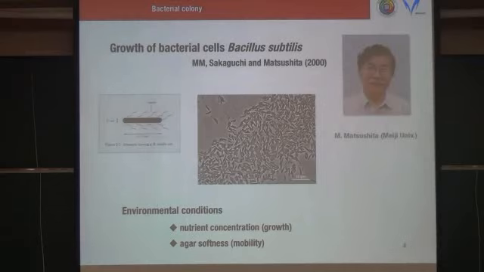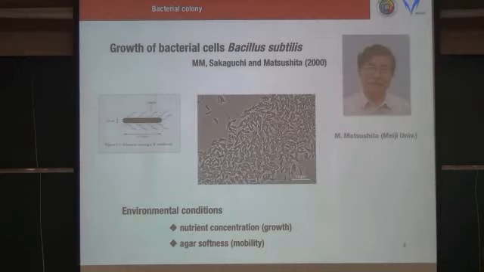You can see they look like they are swimming, okay. But if the agar is very hard, it's very hard to swim, okay. But if it's very soft, it's very easy. So agar softness really affects the mobility, okay. So these are the typical environment conditions for them.